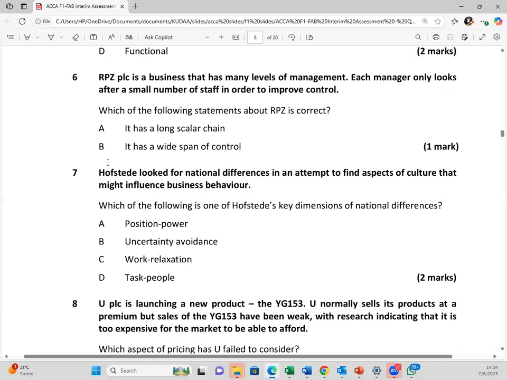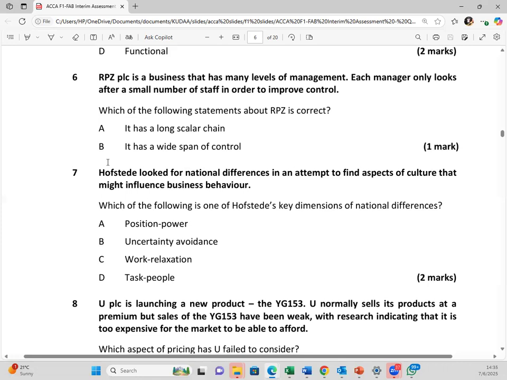RPZ Public Limited Company is a business that has many levels of management. Each manager only looks after a small number of staff in order to improve control. Which of the following statements about RPZ is correct? I have already explained this.